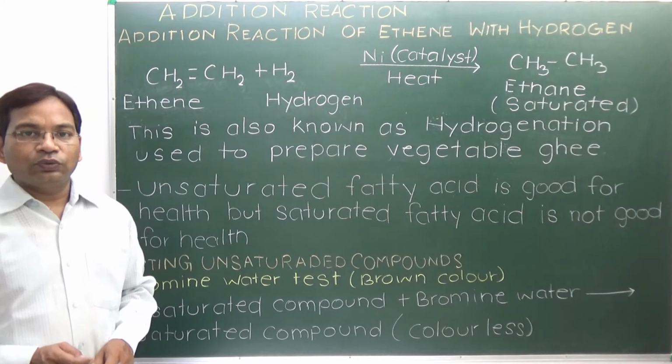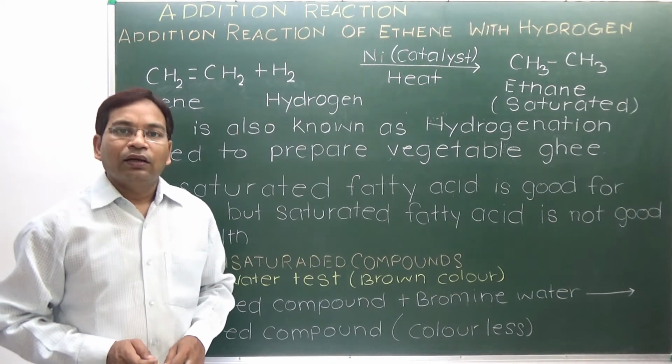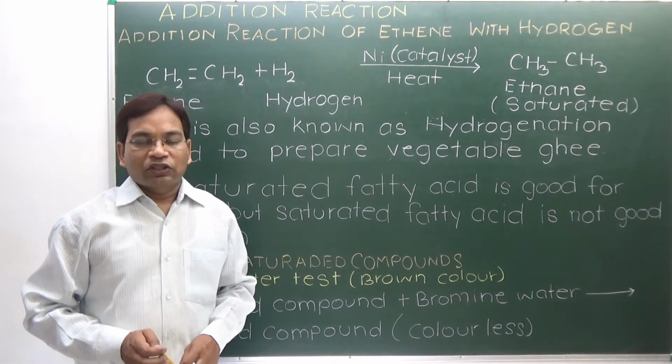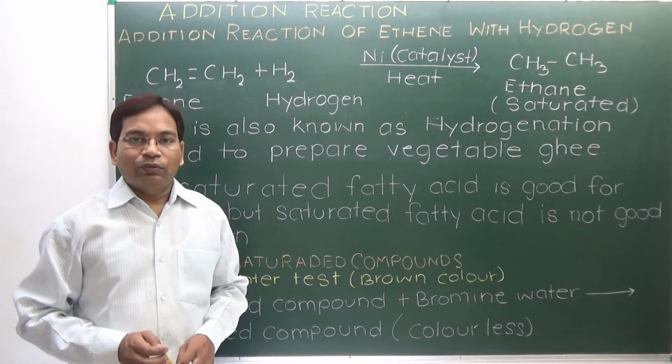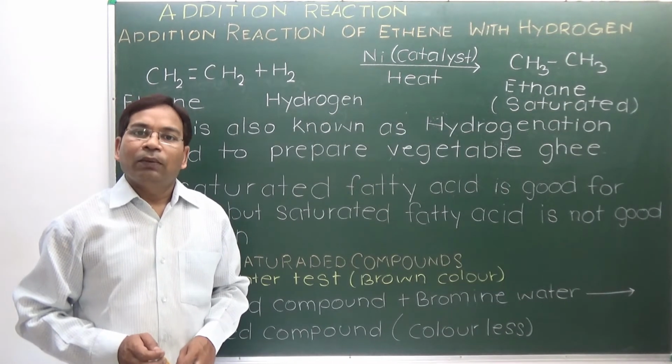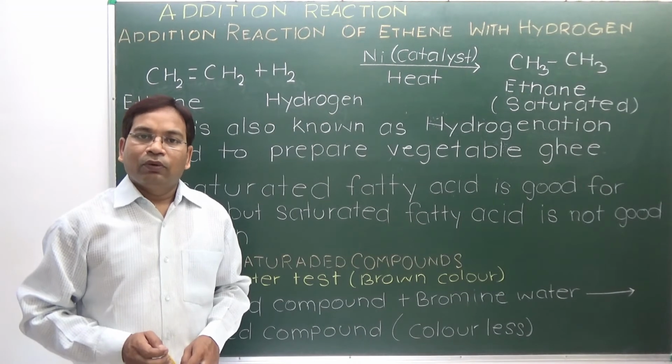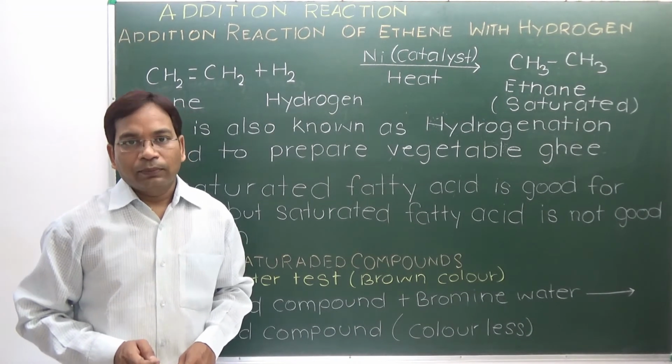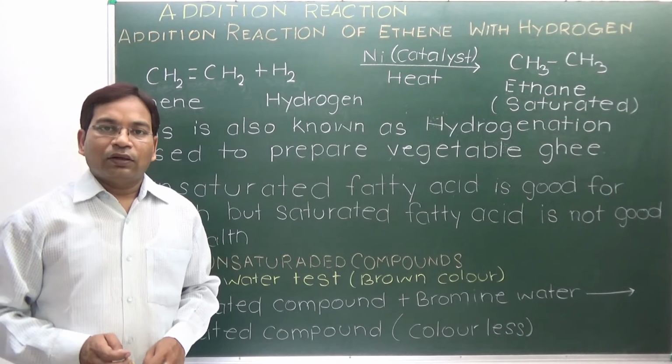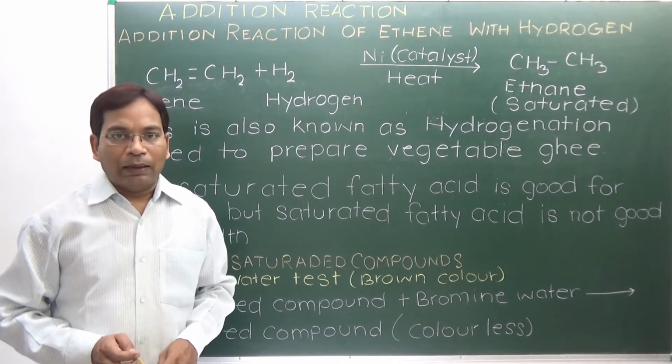This process is used to produce vegetable ghee. Oils like mustard oil or soybean oil, which are liquid at room temperature, contain multiple carbon-carbon double bonds, as a result of which they are liquid at room temperature.